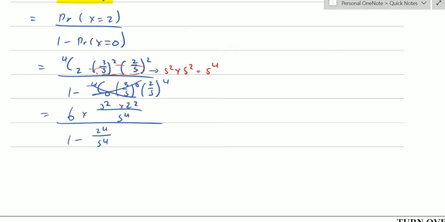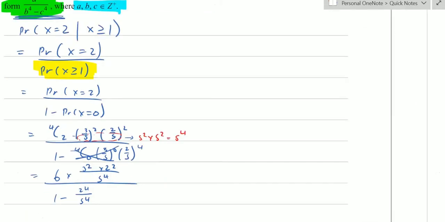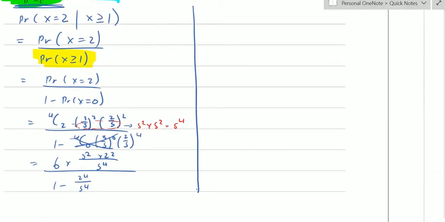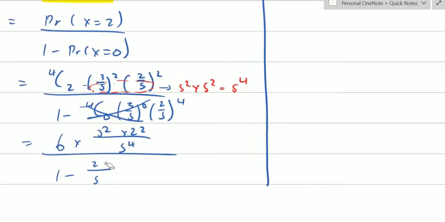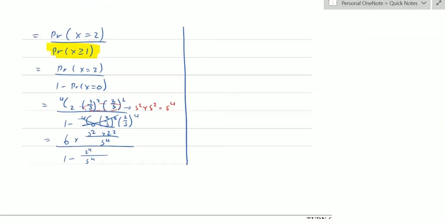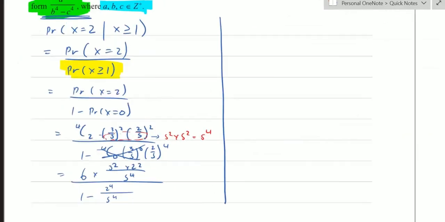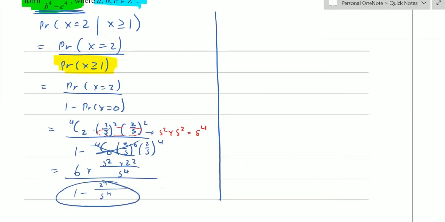So the main problem here is that we have our denominator in an ugly form, so we want it to be a fraction. So we're going to use a common denominator for the bottom of the existing fraction. So we're going to take this part here and make it another fraction.